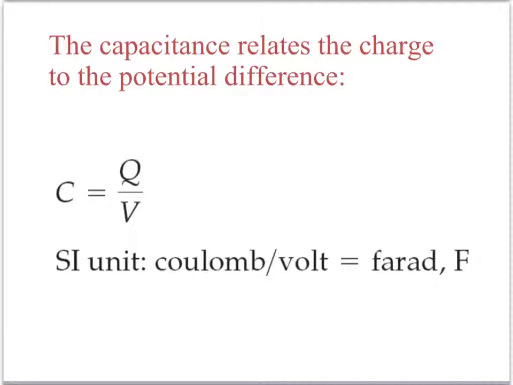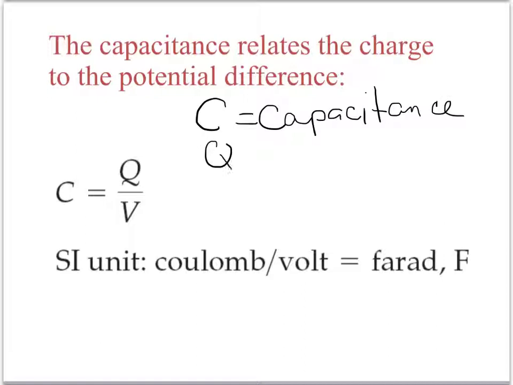Capacitance relates the charge to the potential difference. So we will use the equation C equals Q divided by V, where C equals capacitance, Q is the charge of the plate.